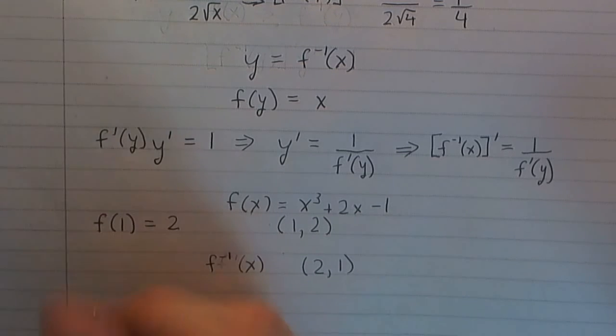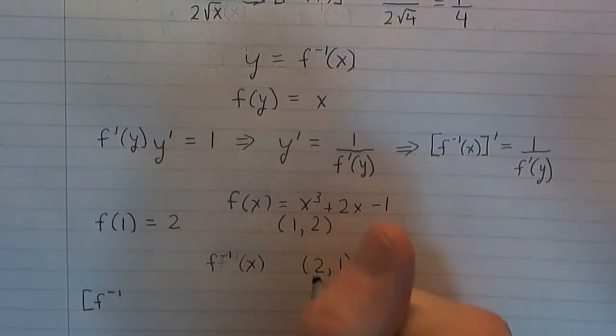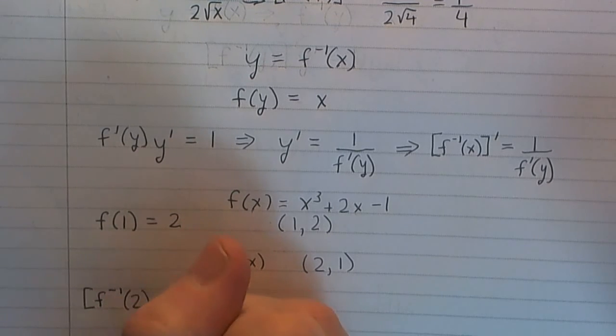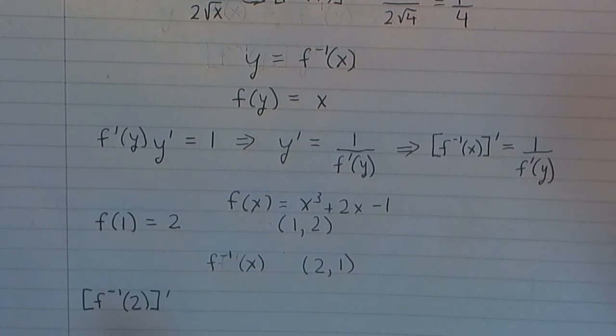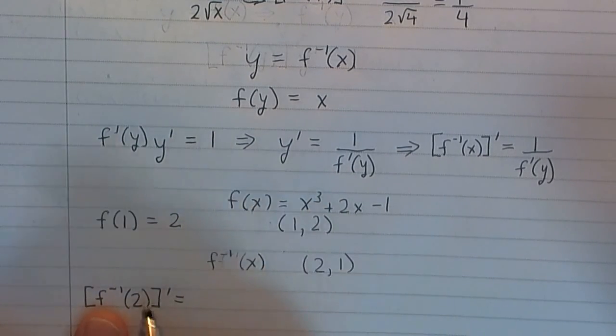Now, here's what I can do. I can find f inverse of 2. I can find the derivative of that. I can find the derivative of f inverse of 2 this way. Notice I've got the 2 here. That's the x.